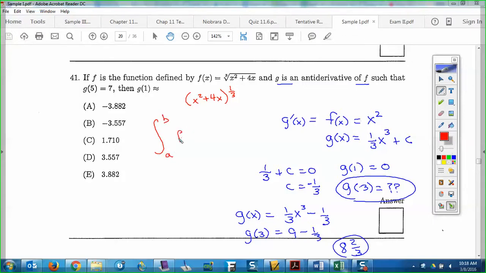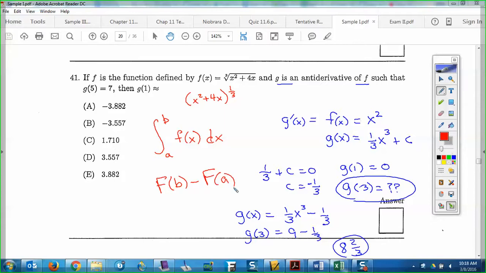Okay, now let's think about this a minute. What does fundamental theorem part 2 tell us about this right here? Fundamental theorem part 2 says the answer to this is what? Big F of b minus big F of a, right?